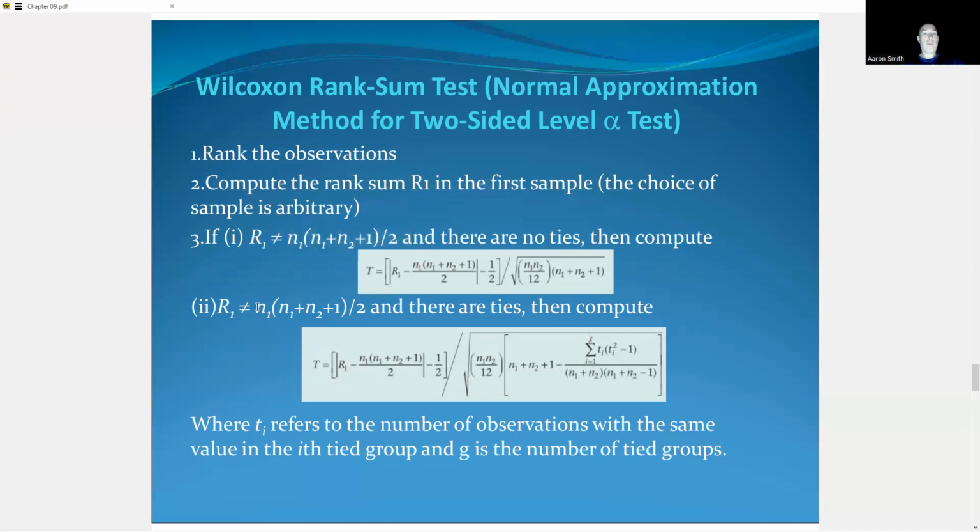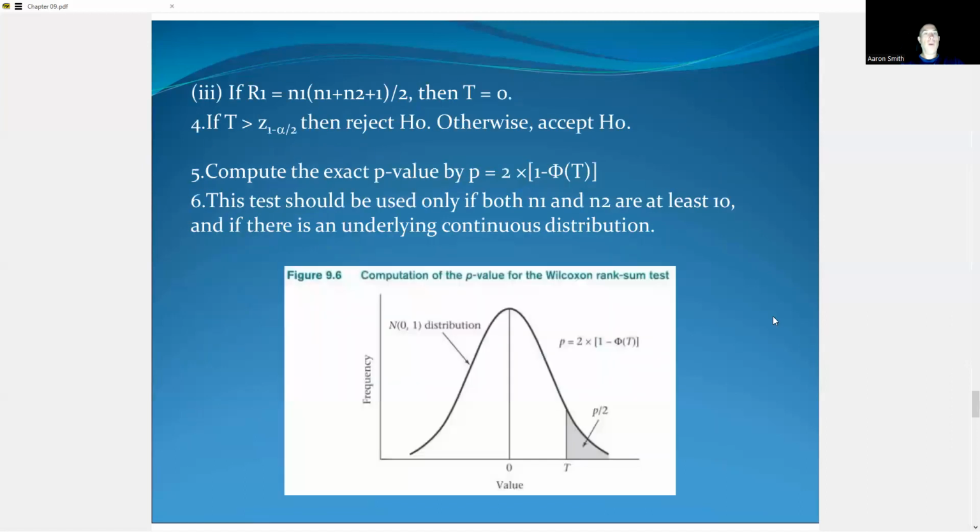If there are ties, I will use this to compute the test statistic, and the T sub i's address our ties in the system. And then once I get my test statistic, I go over to the normal distribution, get my p-value, make my conclusion, and share my result.